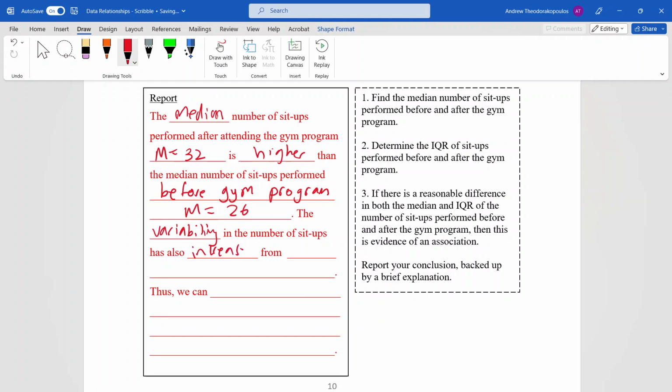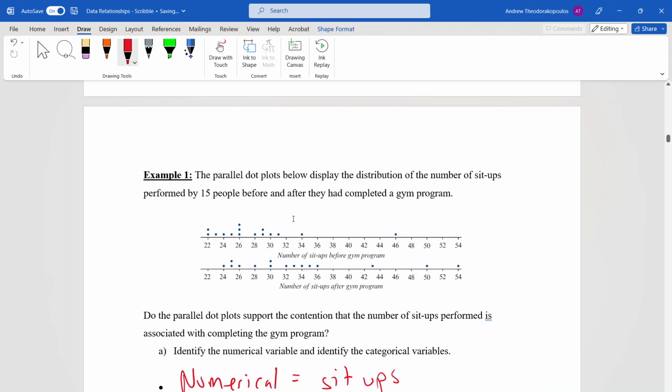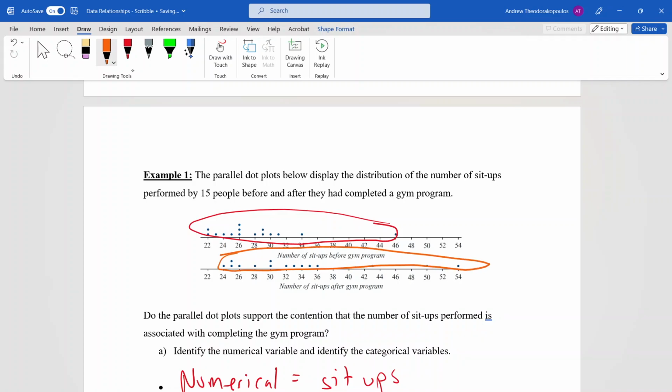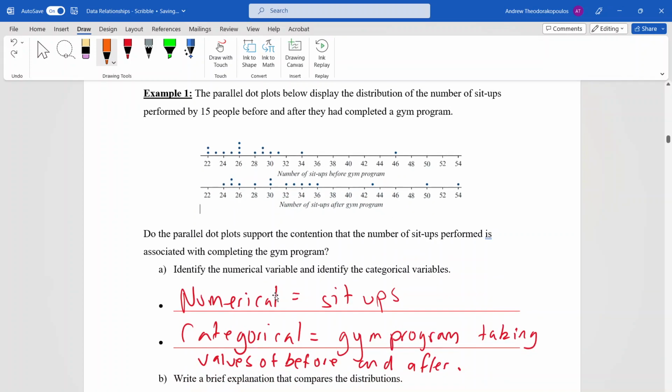Once you work it out, you'll notice that it was increased from IQR equals 6 to IQR now equaling, after the gym program, equaling 10. So even if you look at it here, you can sort of see the IQR, or at least the range, you can say. This is where the data is here, and then it sort of just gets bigger. Okay, that would be more for the range, but if you work out the IQR, you'll also notice that the range has gotten bigger.